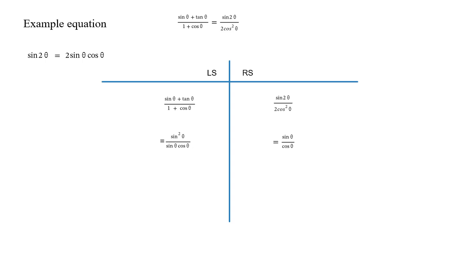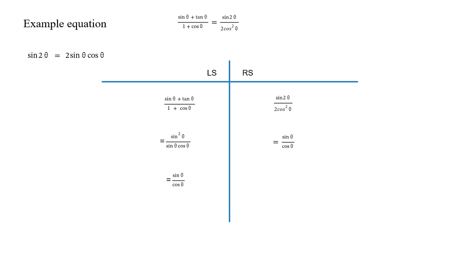So now we can divide this whole thing by sine theta, which on the top, dividing sine squared theta by sine theta, we are left with sine theta, and on the bottom, sine theta times cosine theta divided by sine theta, we're left with just cosine theta. So this fraction now simplifies to be sine theta divided by cosine theta.